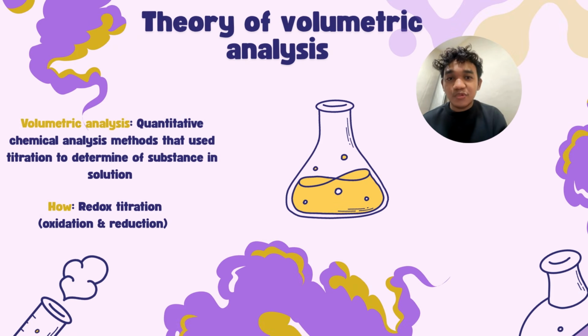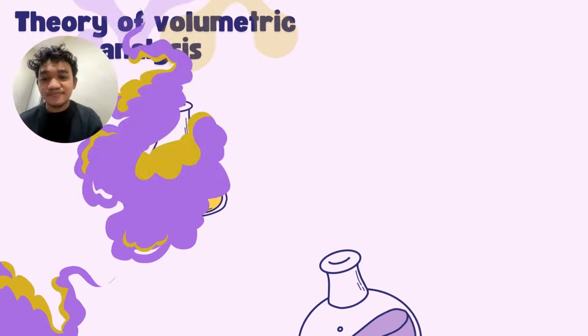On this slide, I will explain the theory of volumetric analysis. Volumetric analysis is a quantitative analytical method that uses titration to determine the amount of a substance in solution. In this experiment, a redox titration is used, which involves oxidation and reduction between chemical substances.